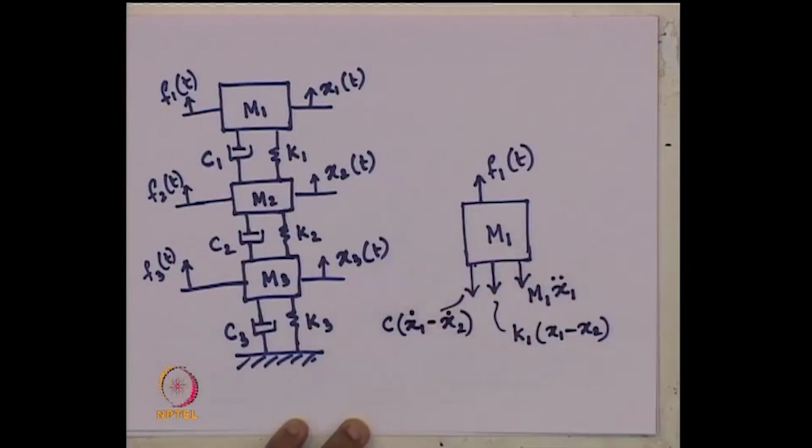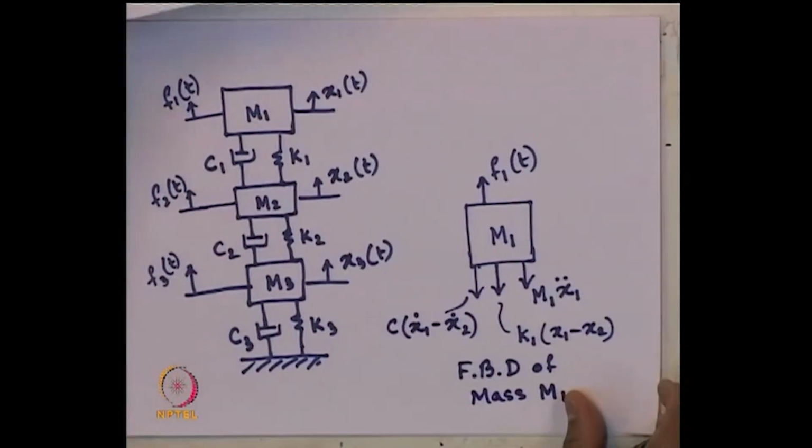So, these are the forces acting on the first mass. So, this is the FBD of mass m1.